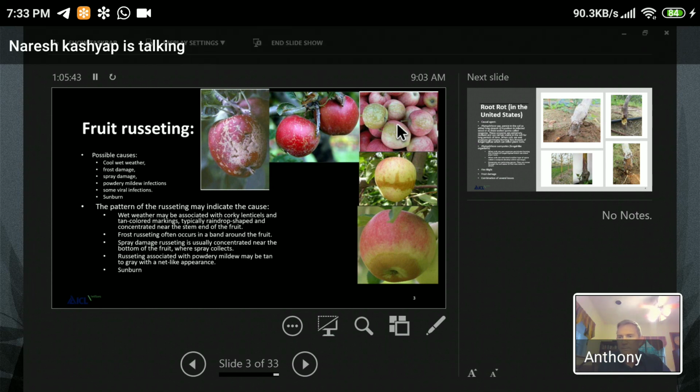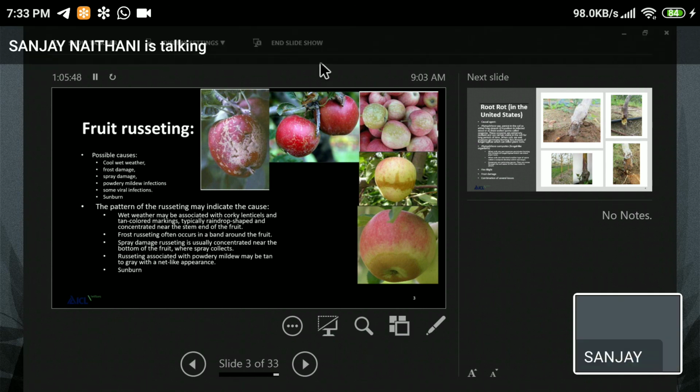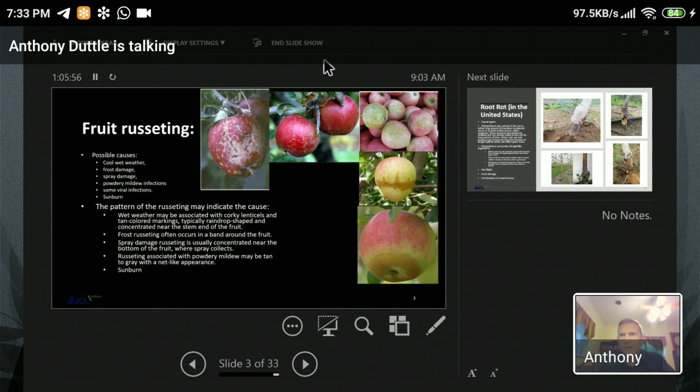No, after damage, after russeting has been done. So after it's happened, if you look at what's happening with russeting, it's basically causing scar tissue around that, and unfortunately, once you've had the initial damage, like what you see on the fruit here with this frost injury, that tends to scar over.